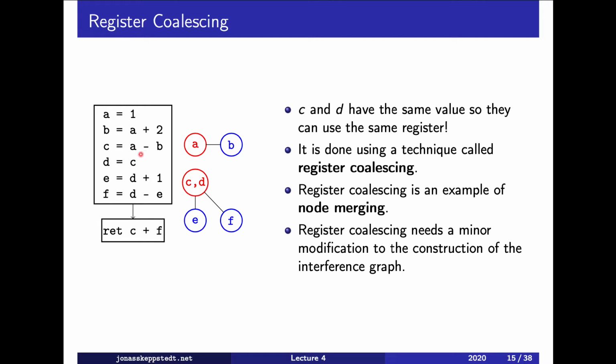But due to this assignment, there is no need to add an edge. Normally we would not do that, but since C is live there and here, we would add this edge, but we don't have to.